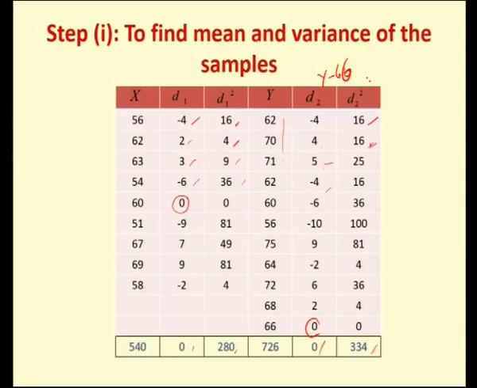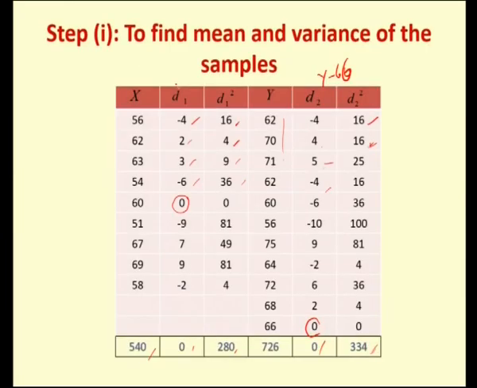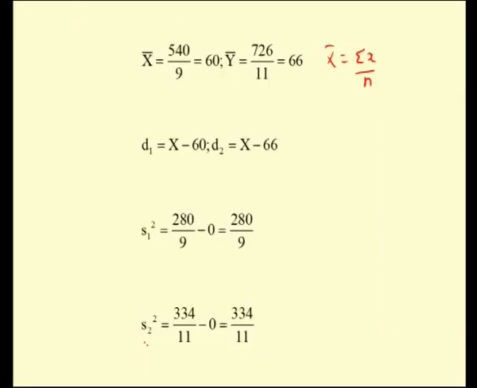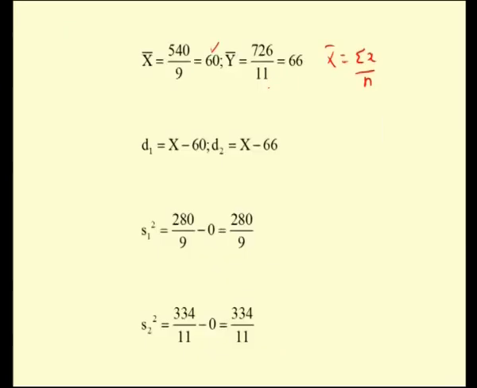Now x bar is nothing but, you know that x bar is summation of x divided by n. From the previous column, your summation of x is 540. Therefore it becomes 540 by the number of observations, 9, so it is 540 by 9, which is 60. Y bar is nothing but summation of y, which is 726, divided by 11 observations, which is equal to 66.